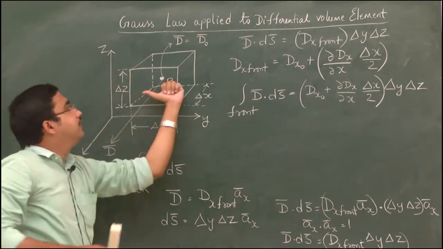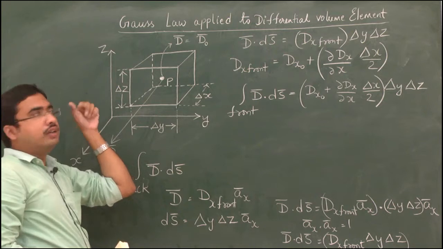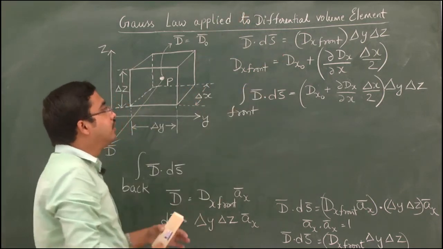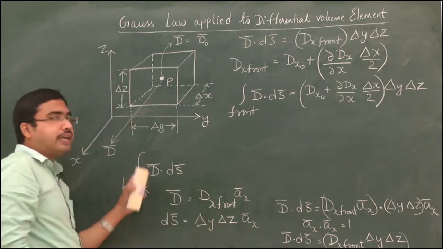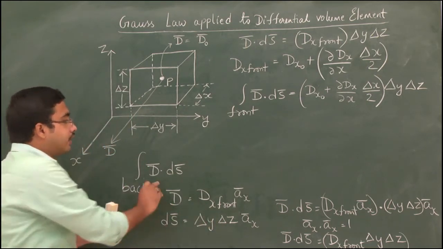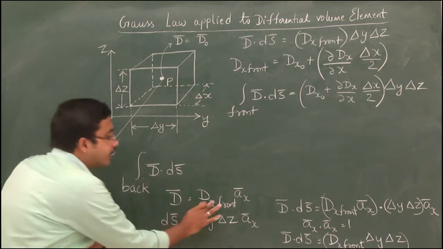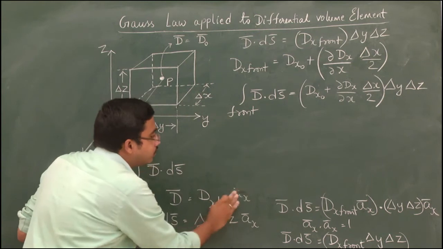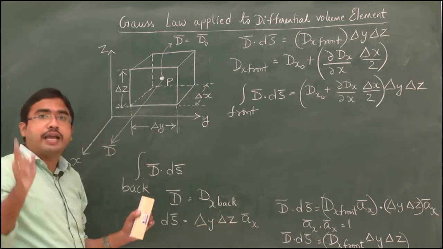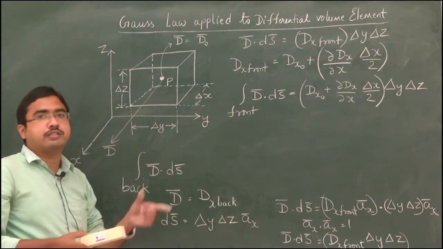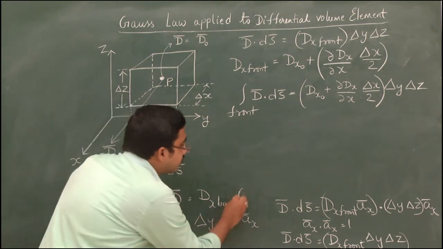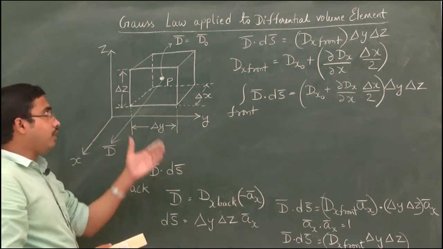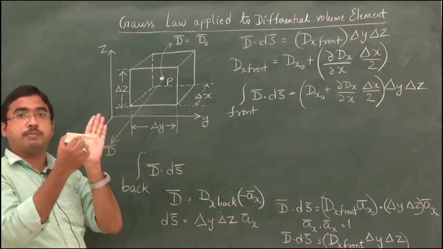That means if this is ax bar towards the front side, then for the back side you should get minus ax bar. Okay, so if you observe the back integral of D bar dot dS bar, then what is D bar? Dx of back side into, here the unit vector is minus ax. I already explained how we got it. Instead of taking plus ax, you take minus ax, because for every surface D bar is always perpendicular.